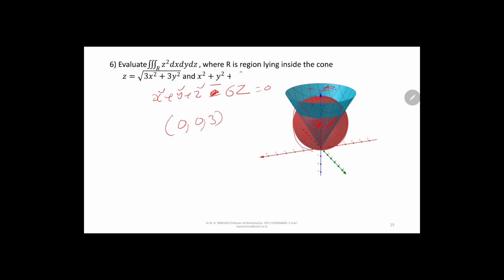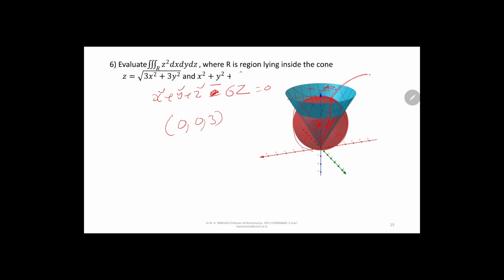If I start here, I may take a point here, and this r may vary from here to here. Now what is this r on the boundary of the sphere? Just imagine that in a ball you have inserted a cone, and you are considering the portion inside.